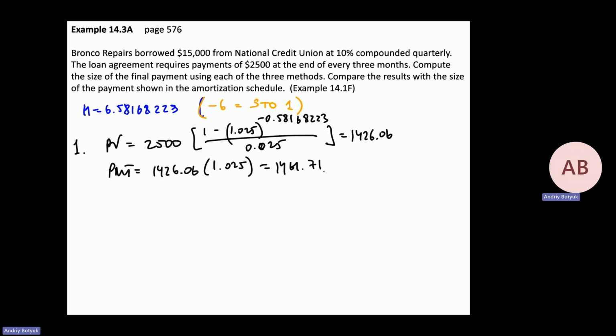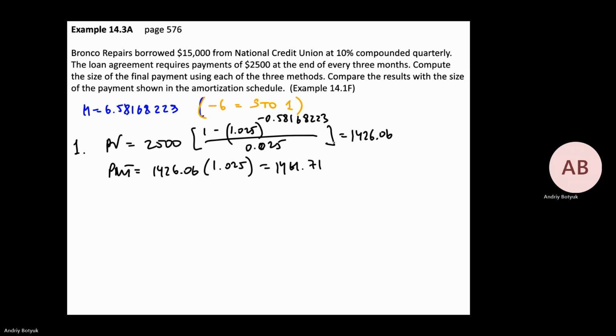Just what? 1 present value and you're done. Yes? Then you don't do that 1 plus I if it's made at the beginning. It's already there, this 1 plus I, remember?